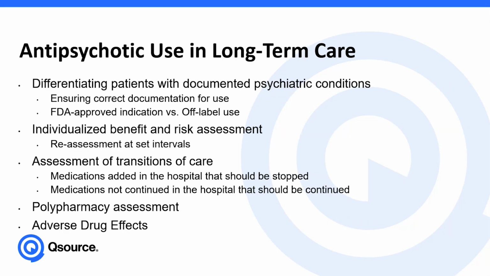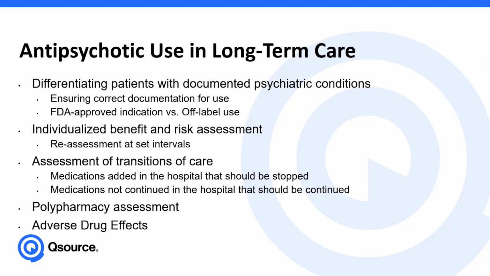We want to differentiate patients with documented psychiatric conditions and ensure that there's correct documentation for use. We've talked to a lot of different facilities where the patient actually has a psychosis-related condition, but the documentation isn't there. Like, it just says schizoaffective condition, but it's not. So you want to first make sure that you're identifying patients that need to be on antipsychotics and that you're fine-tooth combing their chart and making sure that they have correct documentation for use.